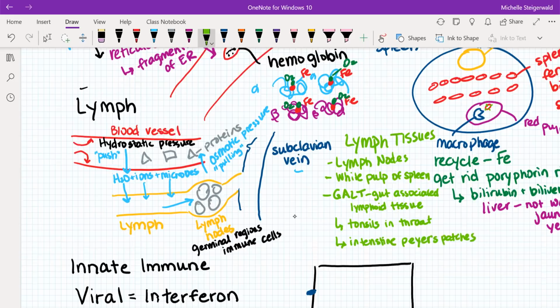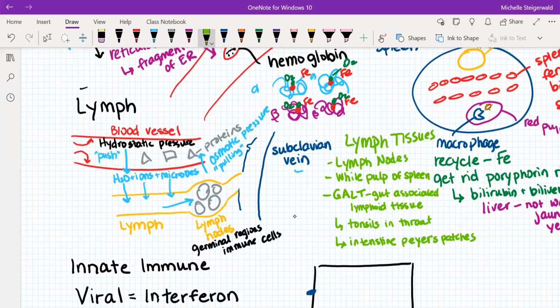Your white pulp of your spleen and your lymph nodes are actually checking for things that are already internal. They could have been in your blood, they could be in tissues, and if they pass by these germinal regions, then they could be checked out. But we also want to check out the air we're breathing and the food we're eating, to make sure that none of that is infected as well.